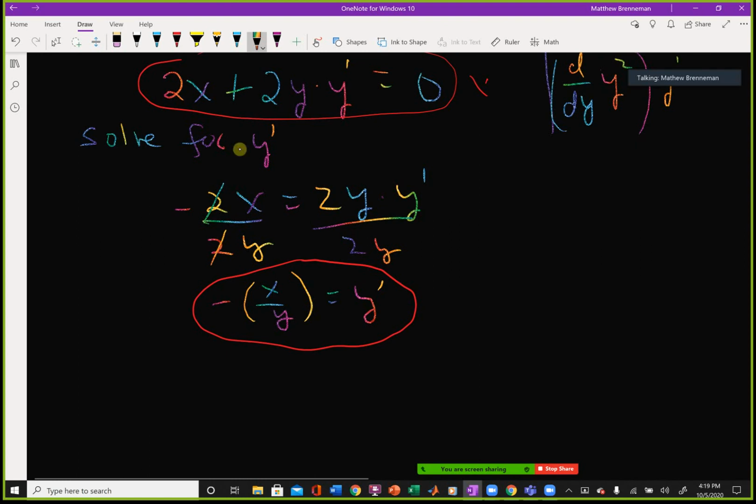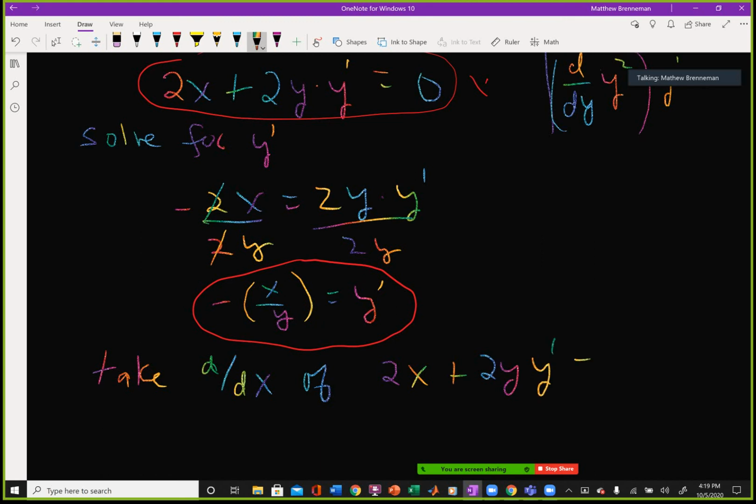So now let's go ahead and take the derivative with respect to x of our first equation, which is just 2x plus 2y, y prime is equal to 0. And of course, this first quantity is not going to cause me any trouble, but this is going to be a product, right?